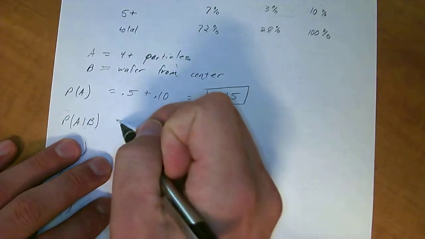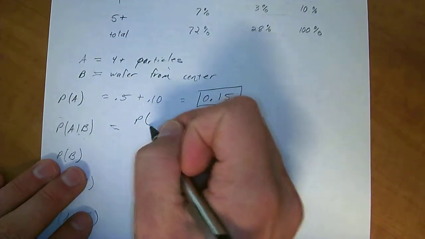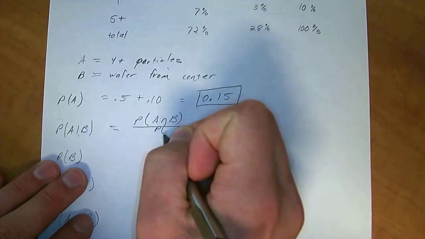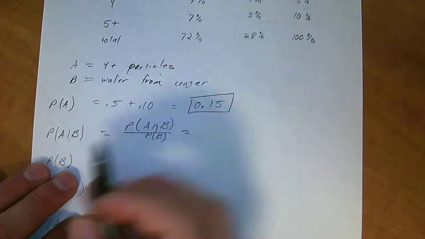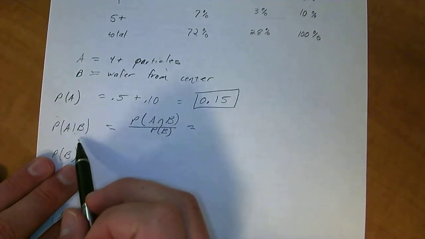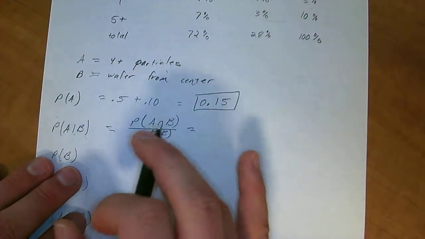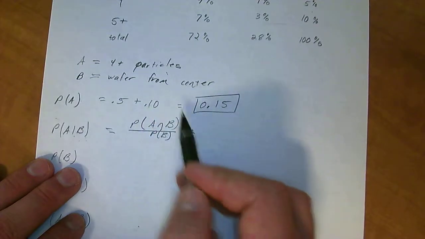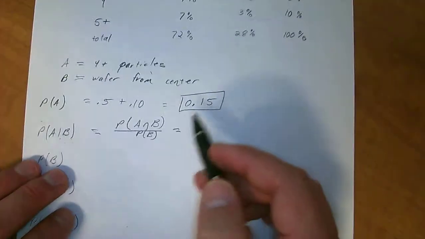The equation for this is the probability of A intersected with B divided by the probability of B. When you look at this, you would kind of think it's a union, but it's not. You have to use this equation here because it cleans it up and makes it fall out right. I don't want to go into detail about where this equation comes from, but just remember it's not a hard thing to remember, and you'll be just fine.